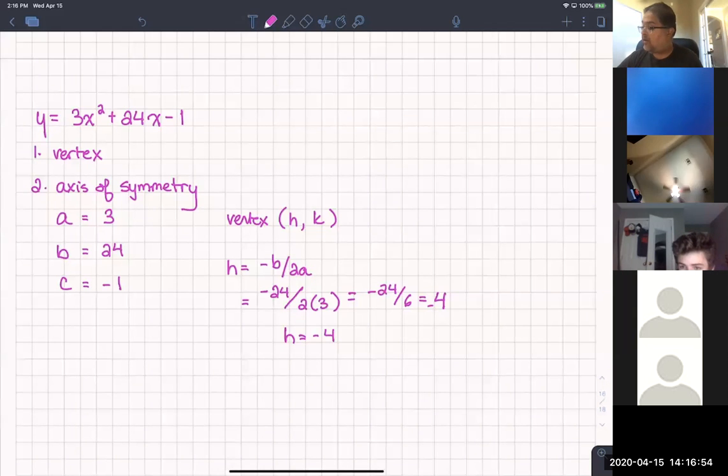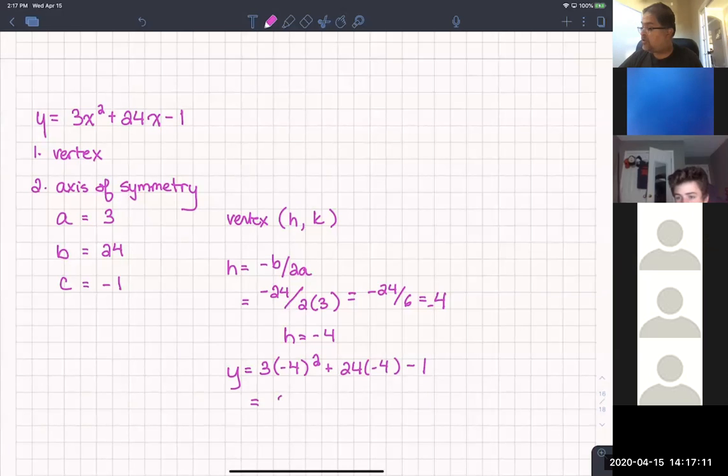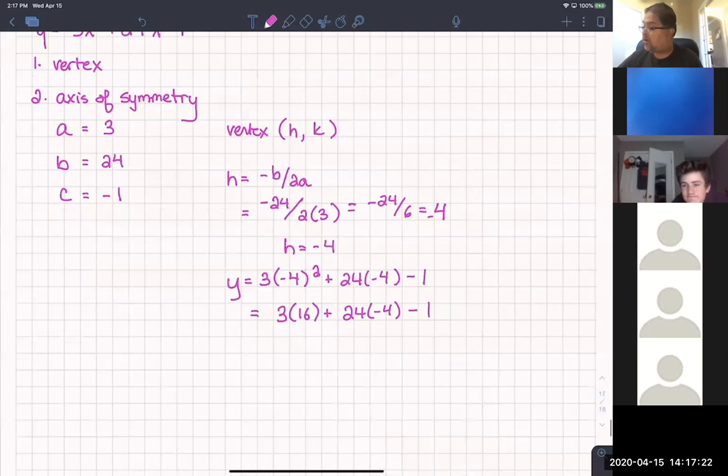Find the y coordinate, you plug negative 4 back in for x. So remember, you do your exponents first. Then you multiply across.